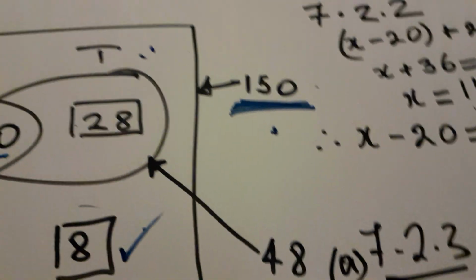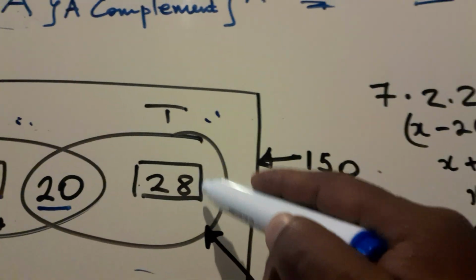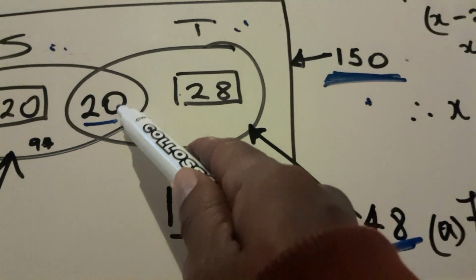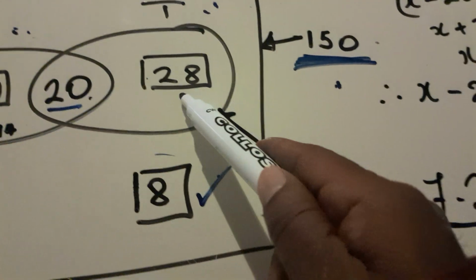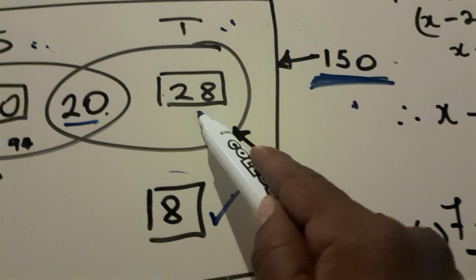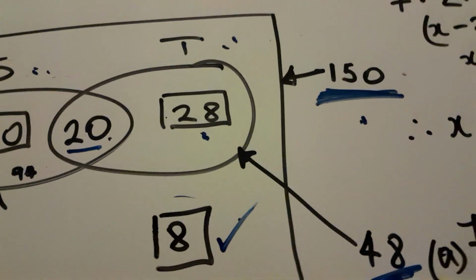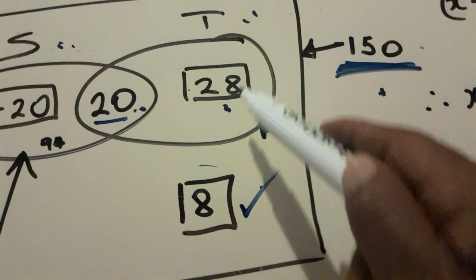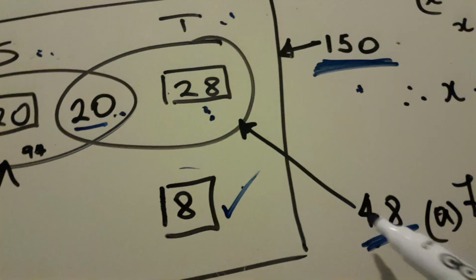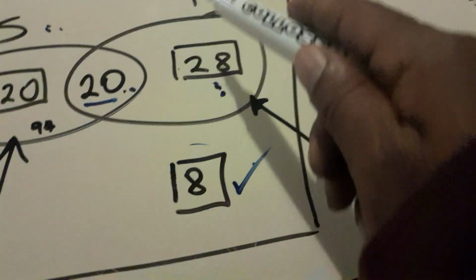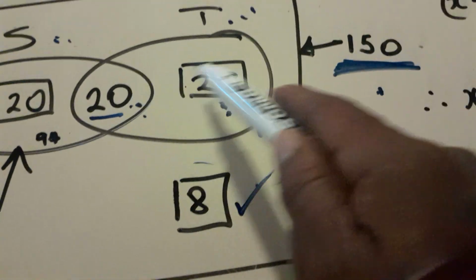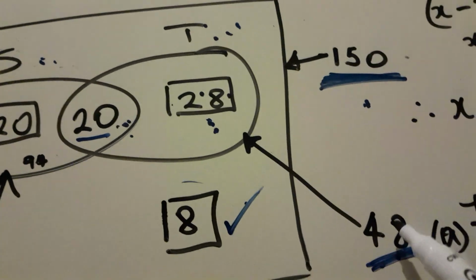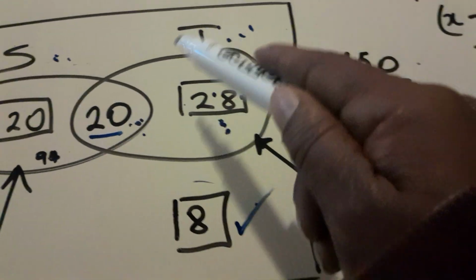If 48 own a tablet, it means that the number who own both and who own only a tablet should be 48. So if I have 20 who have both, then I'll have 28 who only own tablets. 20 plus 28 is 48. When you add these two entries, you're supposed to get the total for the set.